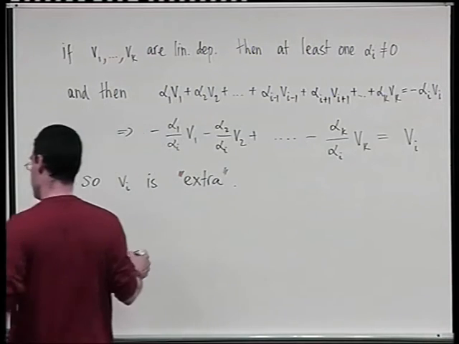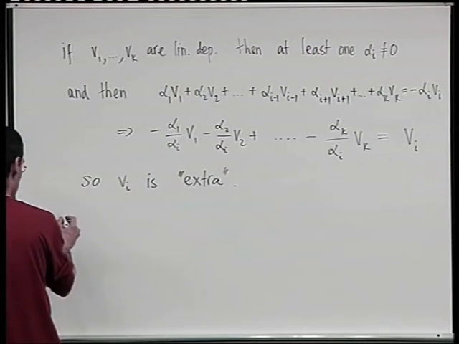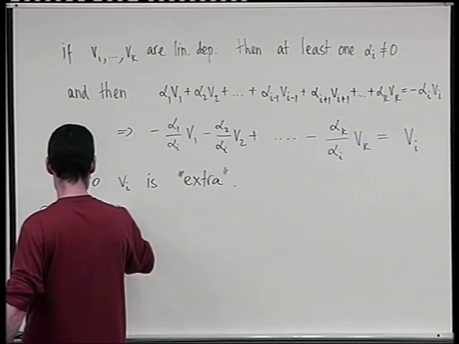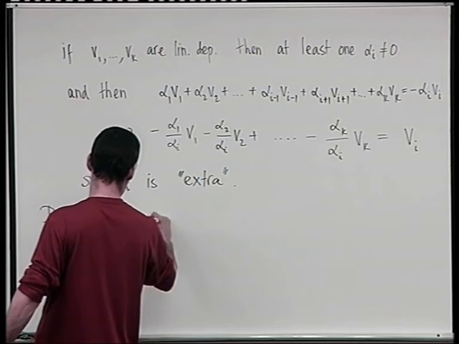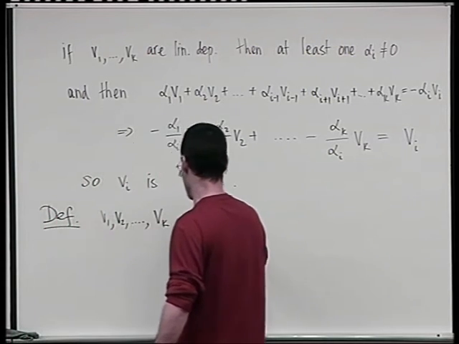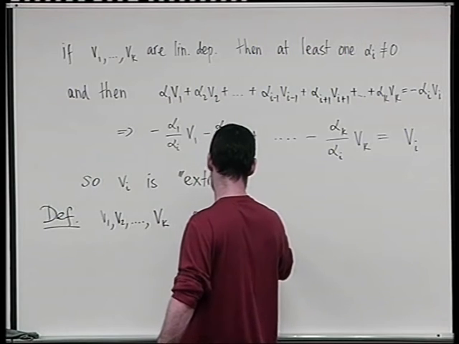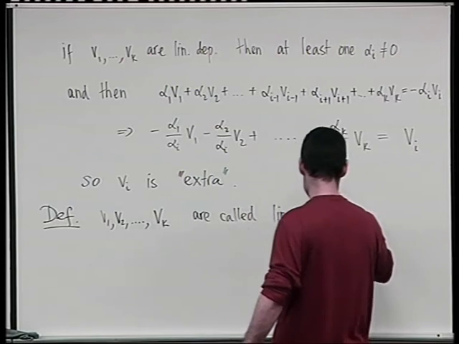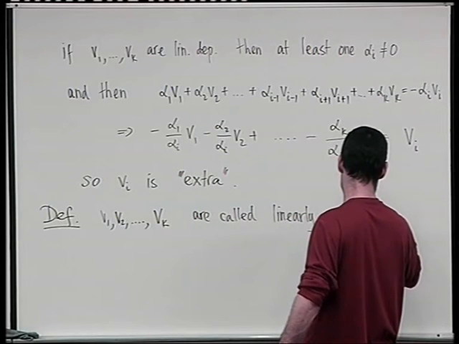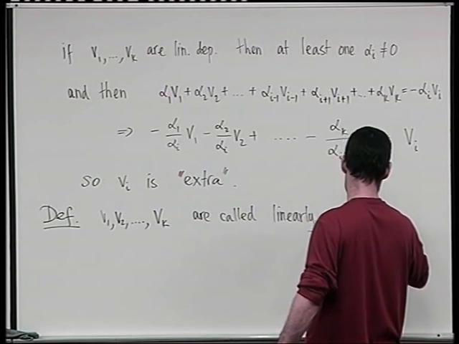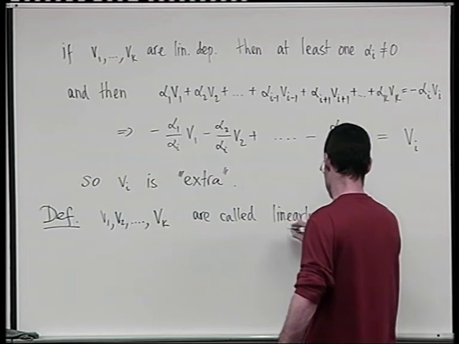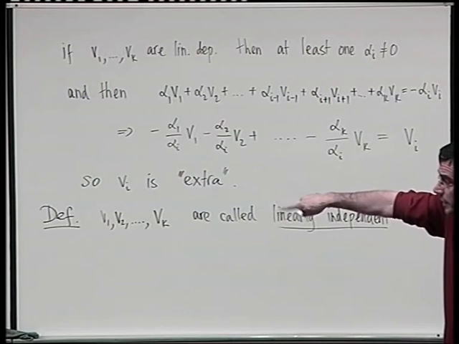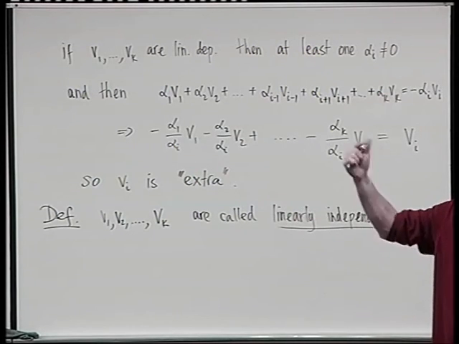Okay. So here's the complement of being linearly dependent, namely the linearly independent definition. V1, V2, up to Vk are called linearly independent if what made them linearly dependent cannot happen.